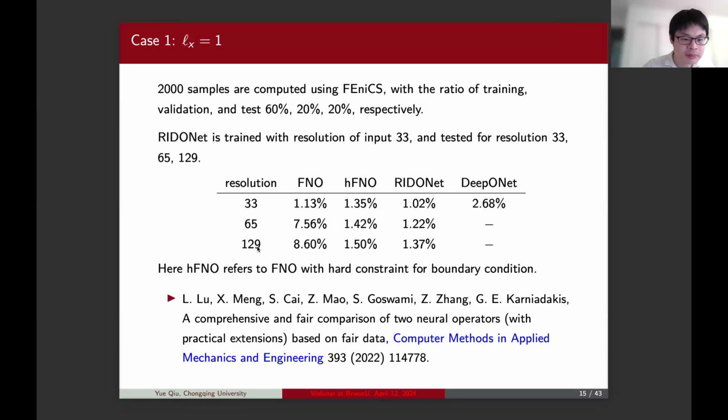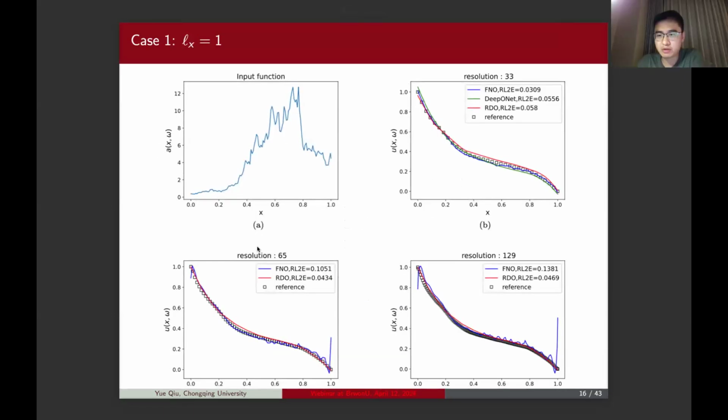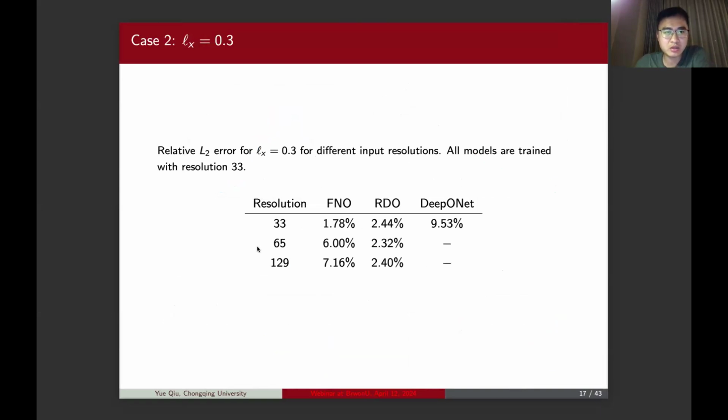Okay. Good. Because for these inhomogeneous boundary conditions, if we do not introduce this hard constraint, our limited experience is that FNO cannot perform well. We also tested other correlation lengths by reducing the correlation length, which makes this problem even more difficult to solve.